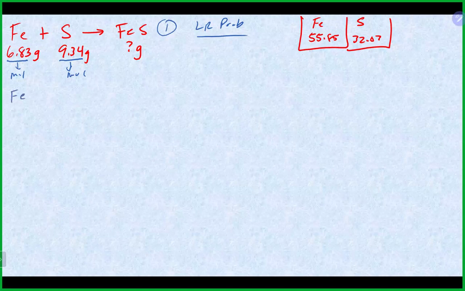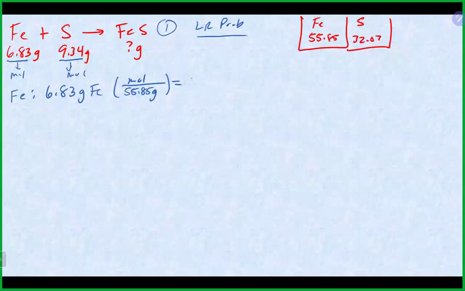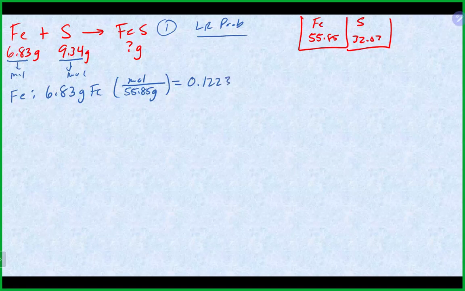So for my iron here, we're going to go 6.83 grams. We're going to use the molar mass from the periodic table and divide by it, 55.85 grams per mole. That gives 6.83 divided by 55.85, about 0.1223 moles of iron.